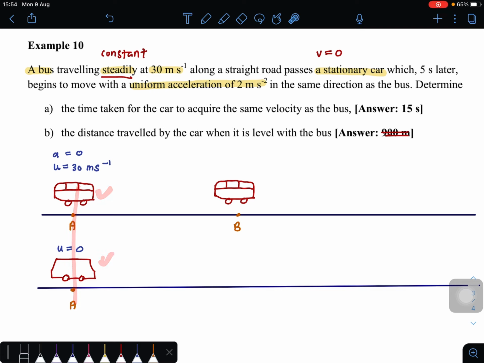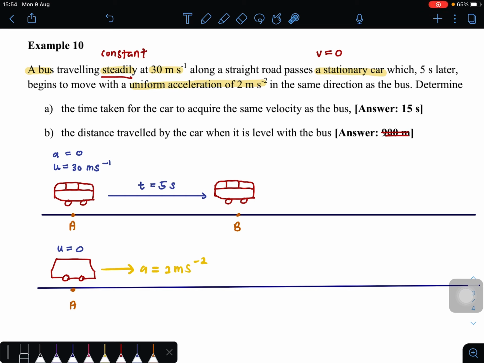So selepas 5 saat, so after 5 second, okay, this bus reaches this point B, and then barulah this car starts to move. Okay, starts to move with acceleration 2 meter per second square. Okay, so itulah situation yang dia bagi tahu lah. Do we have any other information? Okay, not really. We are just saying that the same direction, which is going to the right.